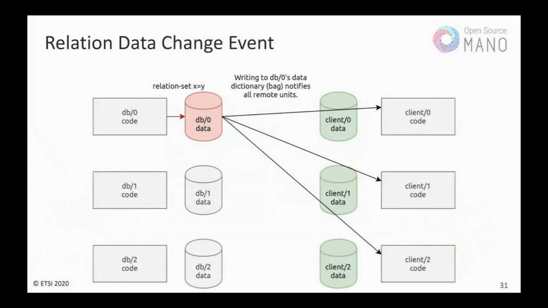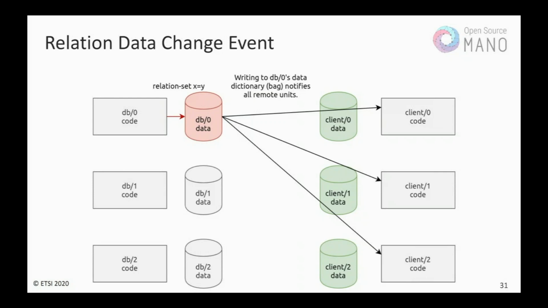So just to go into more detail on this, a unit called database 0 would be able to write into its own data bucket shown in red, and then every client on the other side would receive a notification about that.